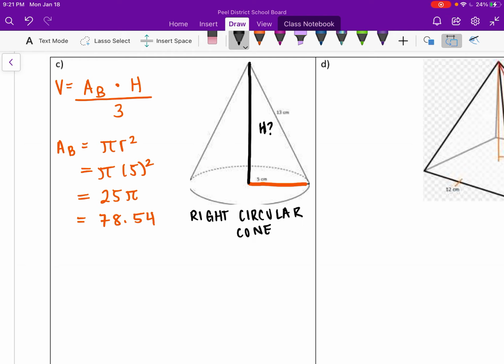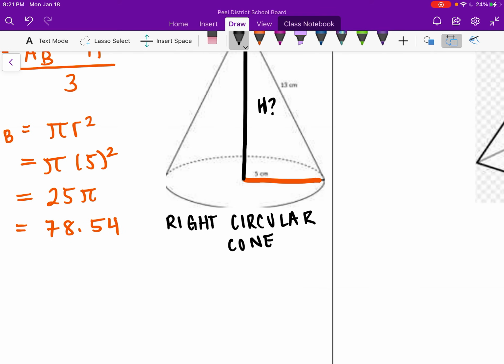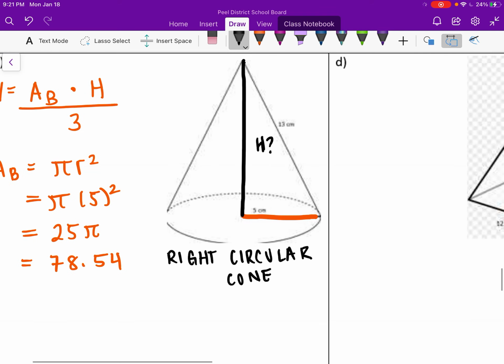You don't really need to know this, I'm just telling you. It's called a right circular cone, which means that the apex of the cone and the center of the circle at the bottom are in direct line of each other. So the apex of the cone is directly perpendicular to the center of the circle at the base, right?